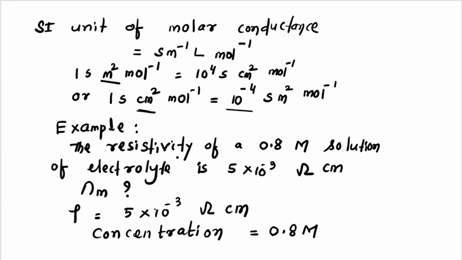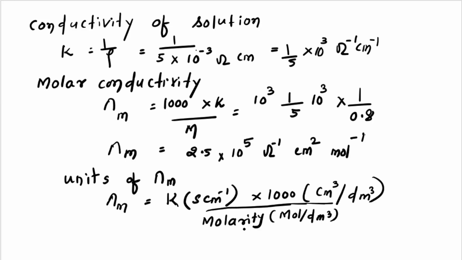In the question, the concentration is given and the resistivity is also given: rho equals 5 into 10 to the minus 3 ohm cm. So rho is given, concentration is given.